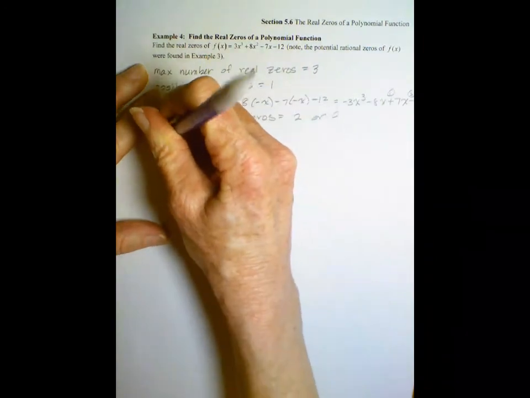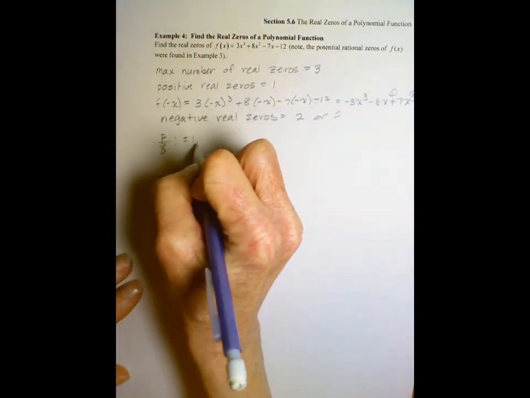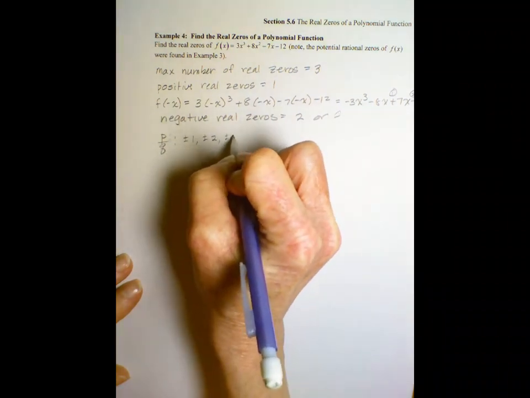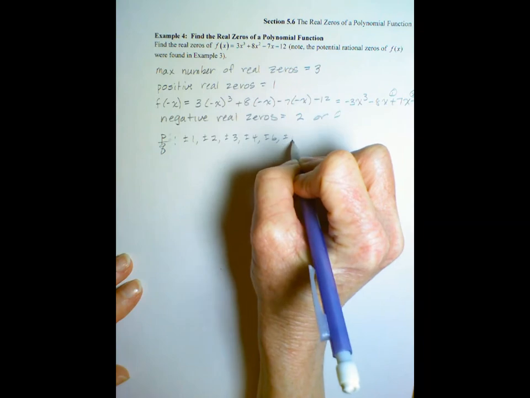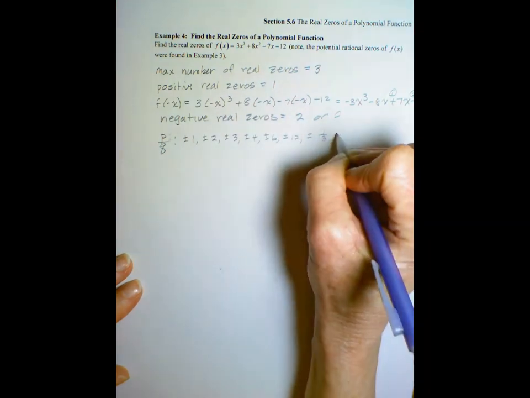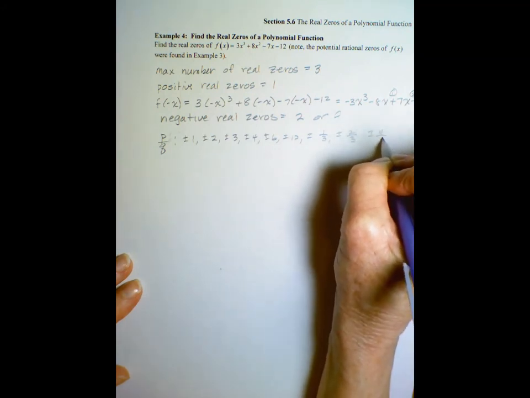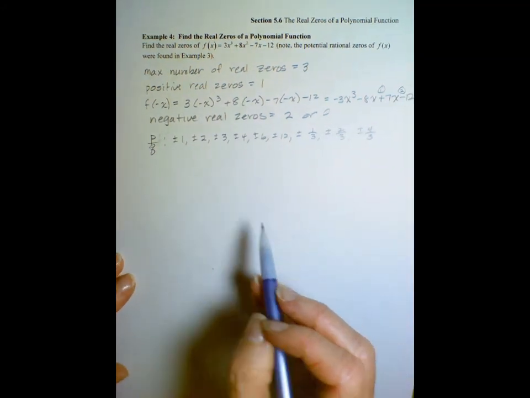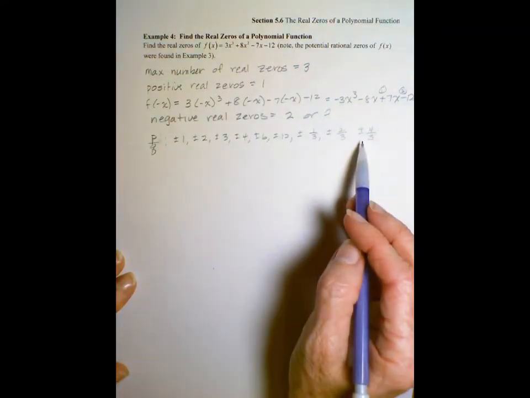P over q was plus or minus 1, 2, 3, 4, 6, 12, plus or minus 1/3, 2/3, and 4/3. So all rational zeros of this function are in that list.